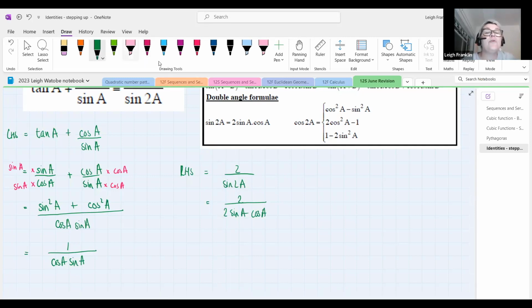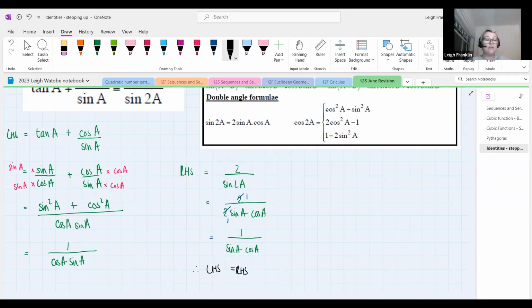And now, because we don't have any pluses and minuses, we are allowed to cancel down. So we can say 2 divided by 2 is 1, and that is going to leave us with 1 over sine A cos A.